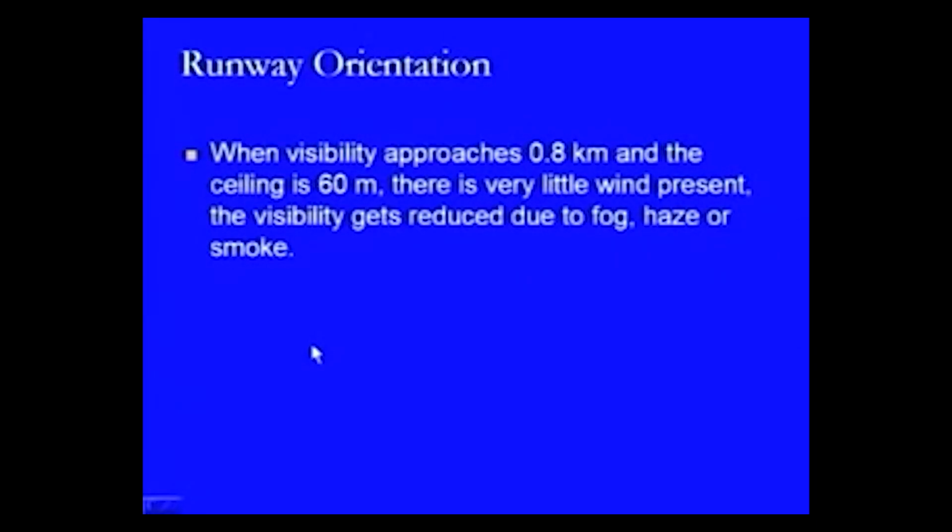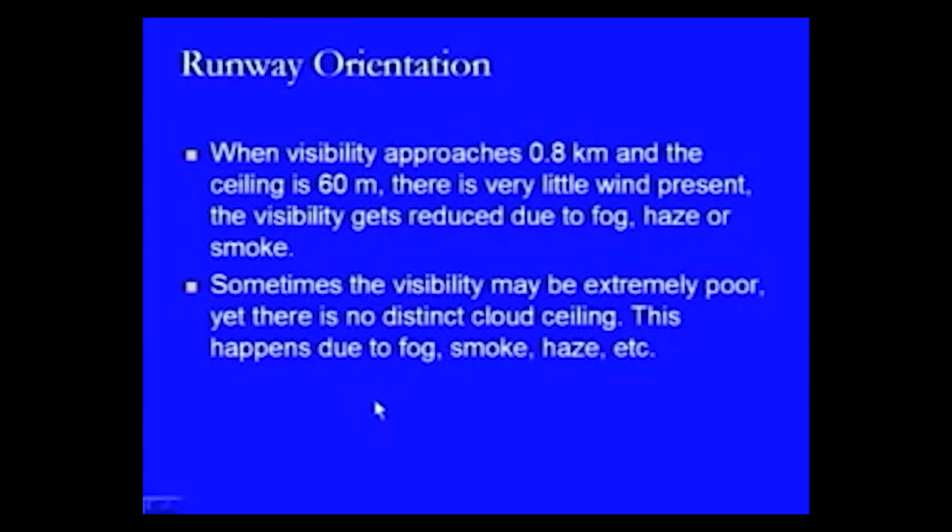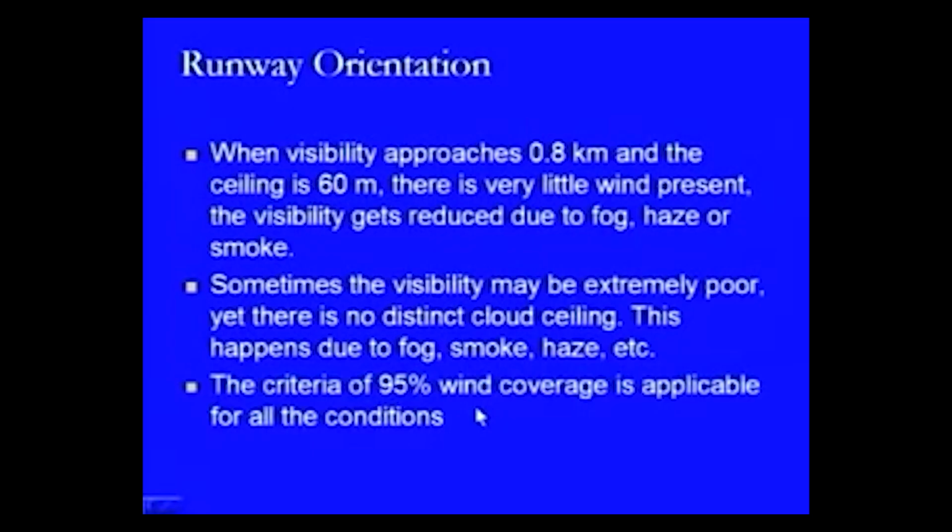Now, when visibility approaches 0.8 kilometers and the ceiling is 60 meters, there is very little wind present, and the visibility is reduced due to fog, haze or smoke. So, these are the minimum values, and visibility is hampered because of various types of meteorological conditions. Sometimes the visibility may be extremely poor, yet there is no distinct cloud ceiling, and this happens due to fog or smoke or haze or similar conditions.